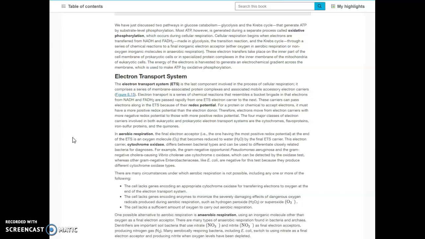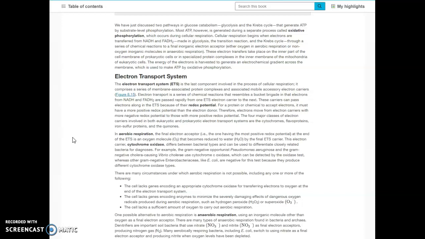What's going to happen is we're going to take all those electrons that we collected during glycolysis, the transition reaction, and the Krebs cycle, and we're going to put those through a series of chemical reactions and produce ATP. Now, in eukaryotes, this process occurs in the inner membrane of the mitochondria. In prokaryotes, it occurs on the cell membrane.